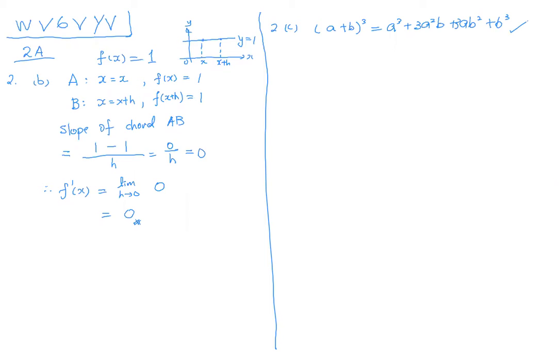So you have your point A, x equal to x. So your f(x) will be 2x cubed. Correct? Point B, x equal to x plus h. So your f(x plus h) will be equal to 2, your x you have to replace with x plus h now. Whatever in here, you go here.